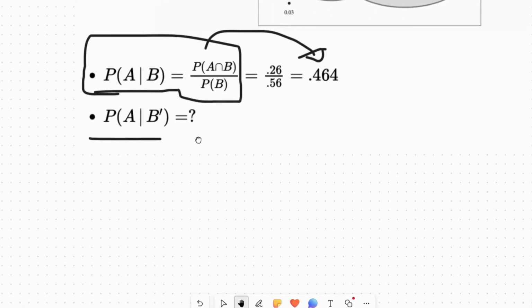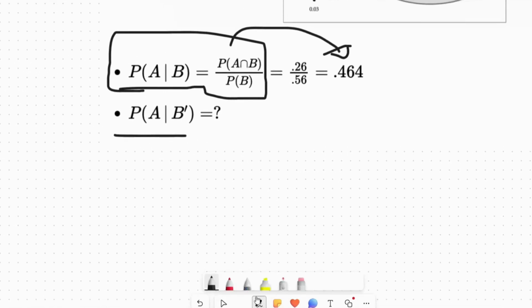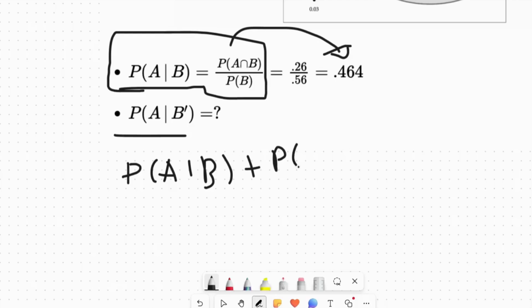This is very easy. We use a basic and important formula, which is probability of B plus probability of B prime is equal to 1.